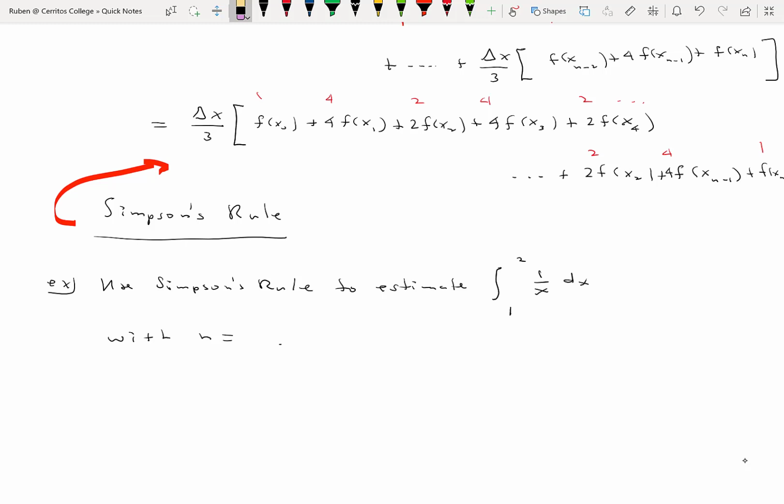And then the typical response from students is, well, don't you want the most accuracy possible? And my response is, yes. But Simpson's rule is so accurate that I want to use a smaller n. See, the larger n is, the more accurate our methods are, but I want to come down for Simpson's rule.